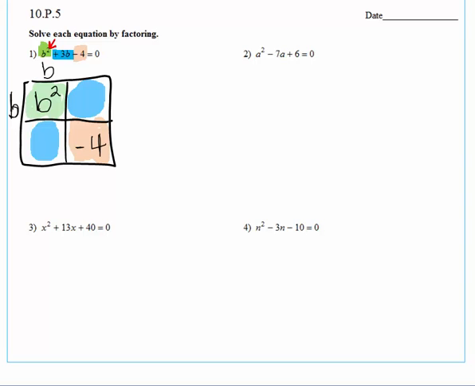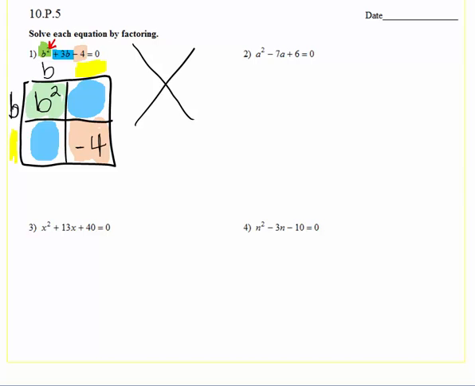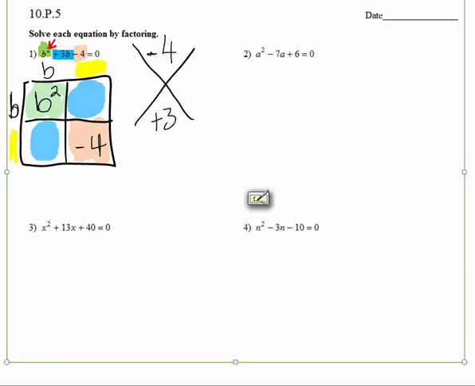Another way to think about this is to draw an x like this and put the number that these two factors multiply to at the very top, -4, and put the number that they add up to at the bottom, +3.